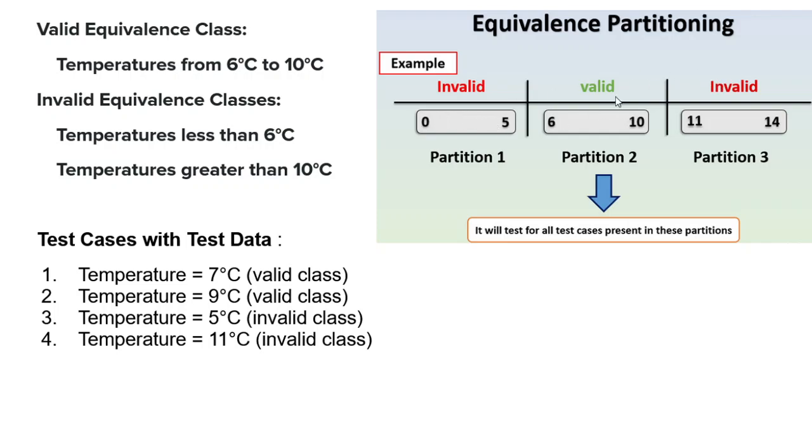For a valid class, we will get the valid behavior, and for an invalid class value, we will get some invalid behavior, which is expected, because we have seen already that even if the input is negative, there should be some handling, either an error message or some type of informative message. So handling will always be there, and we have to verify that behavior. So this is the concept of equivalence class partitioning.